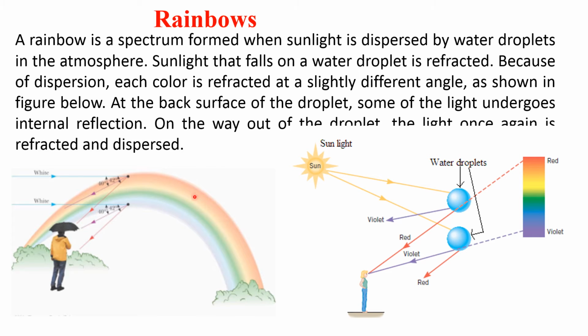Then to have a rainbow, the sun shines when it is raining. When it is raining, still the sun shines. The water droplets in the atmosphere behave like a glass prism, and the sunlight travels always along a straight line, and the rays of light strike the water droplets.